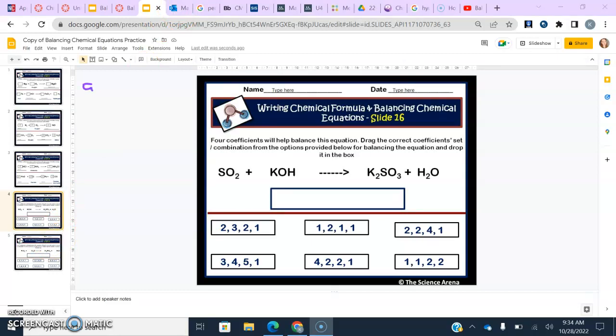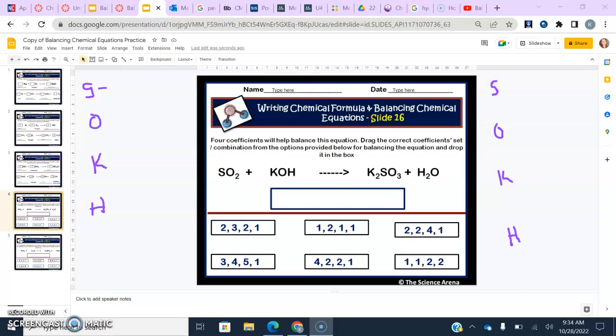So let me make my inventory list. We've got S, O, K, and H. And then S, O, K, and H. All right, now here we have to be a little bit careful because we have oxygen in multiple compounds. Do we see there's an oxygen here and an oxygen here, and then oxygen here and oxygen here? We have to make sure we're adding them up correctly.